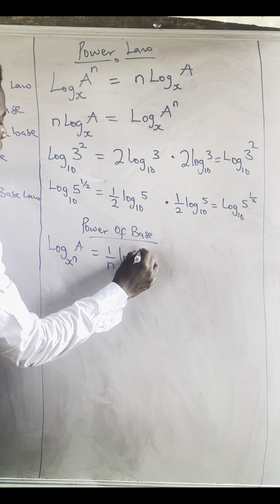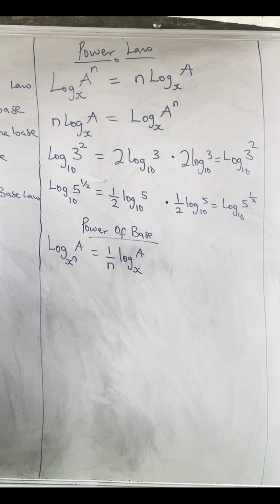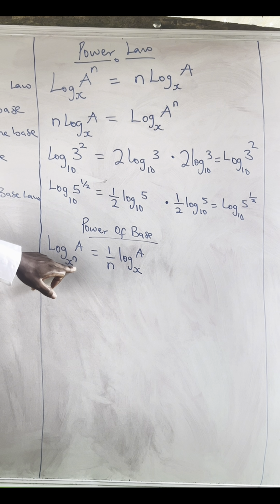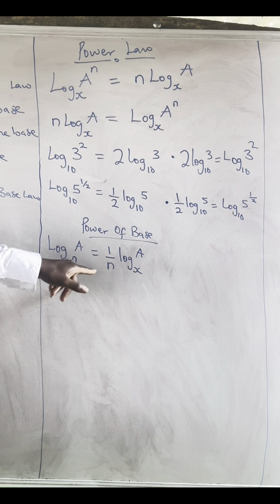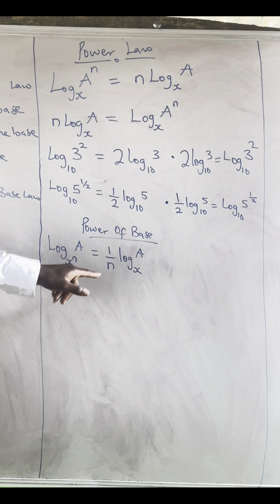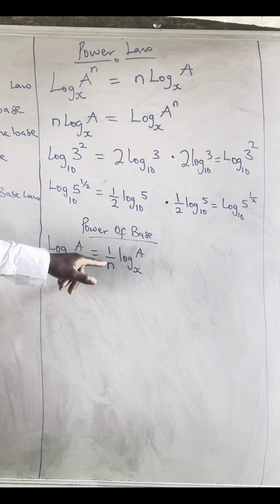log A base x. So what I'm trying to say is that if the base has a power, the power will become the coefficient. But whenever the power becomes the coefficient, it turns to the reciprocal.